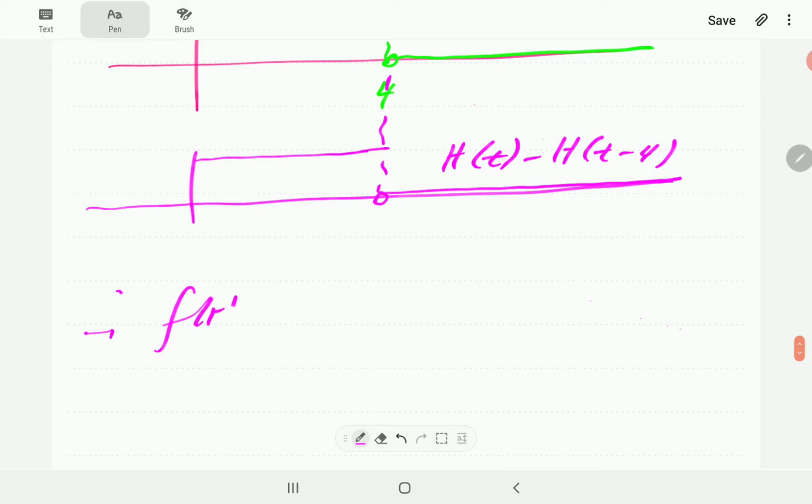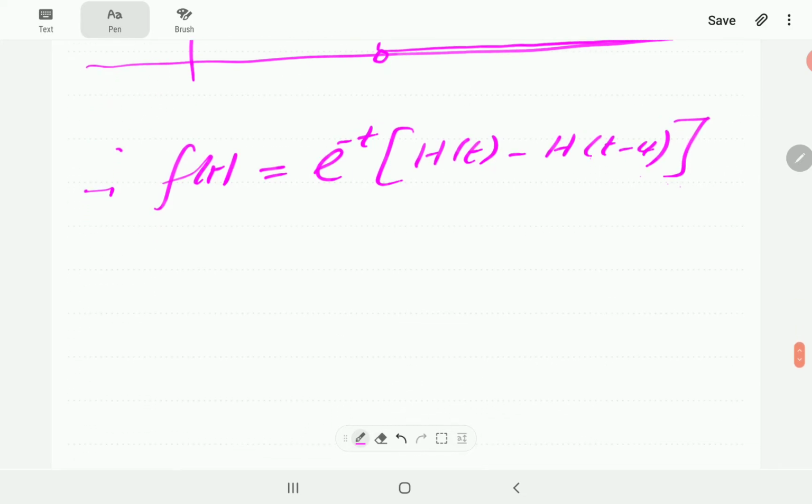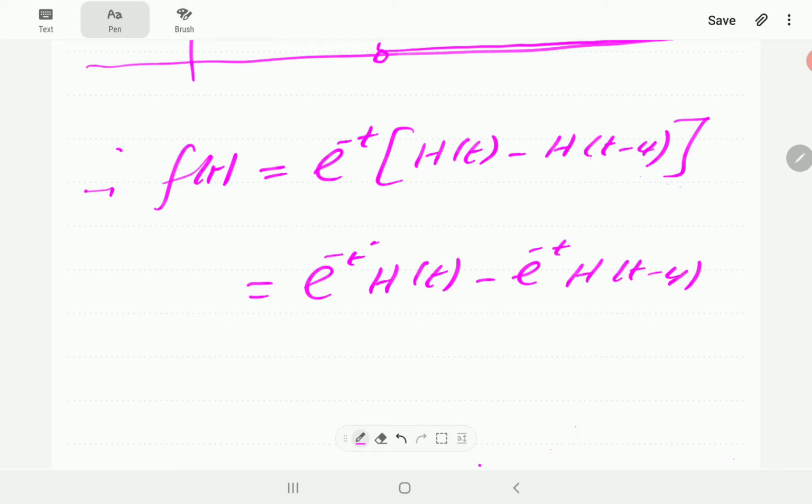So that means our function is going to be e to the minus t times h of t minus h of t minus 4. We remove the square brackets, so that's going to be e to the minus t times h of t minus e to the minus t times h of t minus 4.